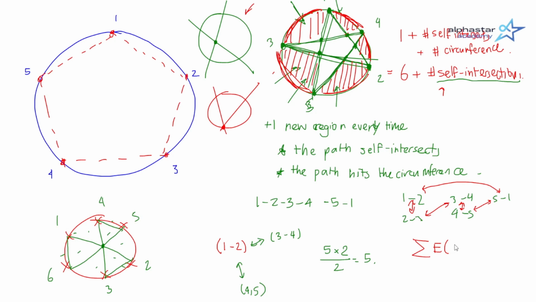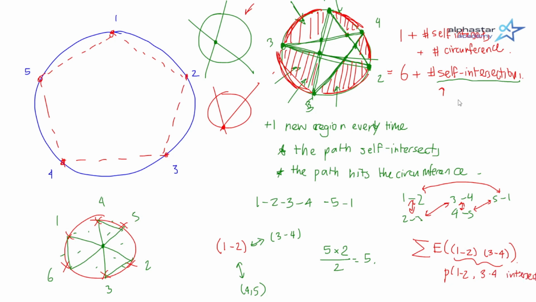So for example, the expected number of self-intersections where the 1, 2 line and the 3, 4 line intersect, and there will be 4 other ones of these. This will give us 0 if they don't intersect, or 1 when they do. And so this is just equivalent to the probability that 1, 2 and 3, 4 intersect.